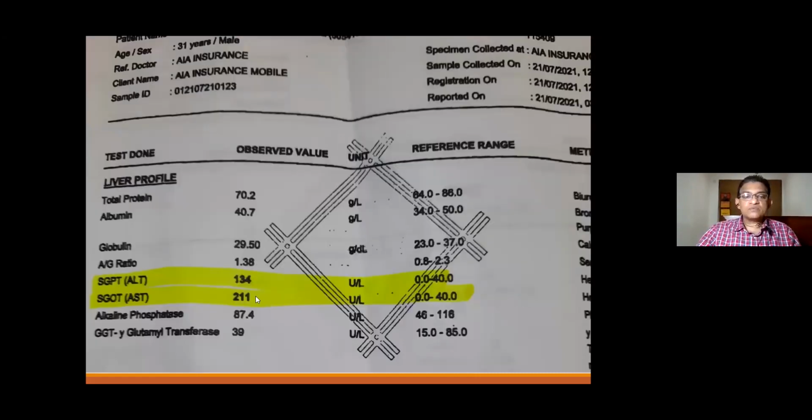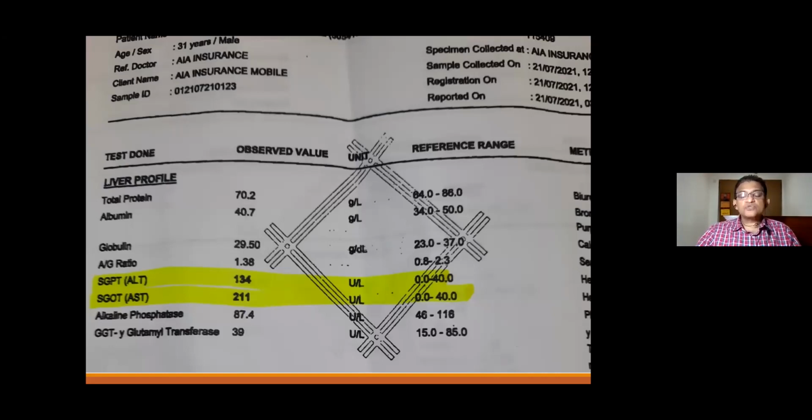One thing is a lab error. If this lab is not certified, I do not know whether it was a lab error, but if not, the other possible explanation is some kind of muscle damage due to heavy exercise. So we see this type of picture in patients who undergo heavy exercise due to muscle damage.